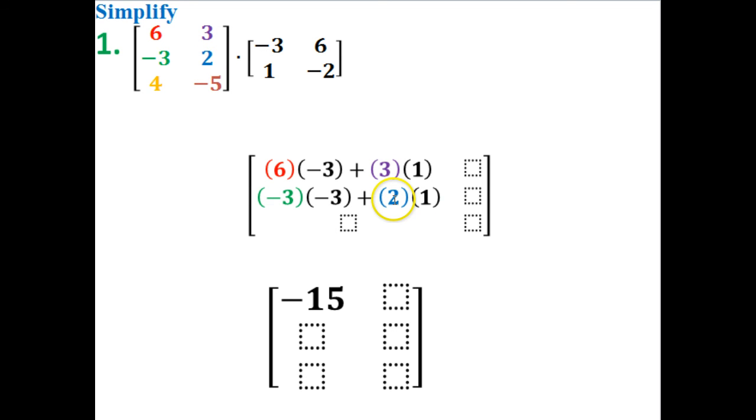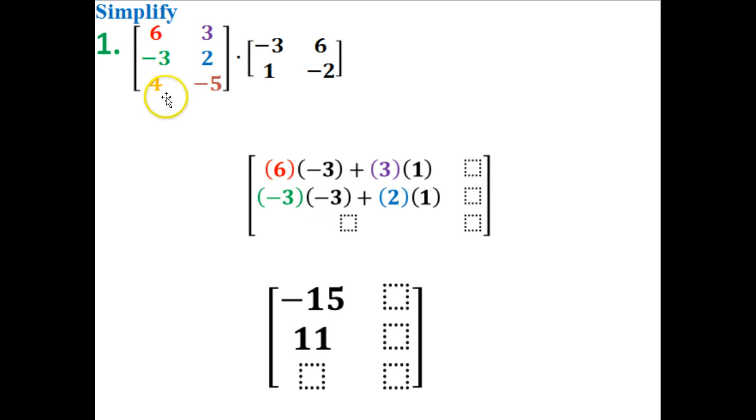This is where my 2 came from right here. I'm going to multiply this negative 3 by this negative 3 and this 2 by 1, straight down on my column on the second one. Negative 3 times negative 3 is 9, and then 2 times 1 is 2. So 9 plus 11 is, rather, 9 plus 2 is 11. That goes right here in the middle on the left because that's where these were located.